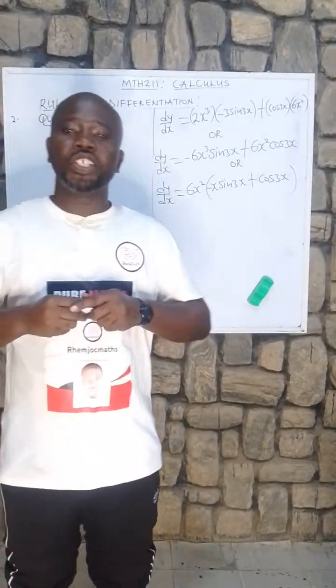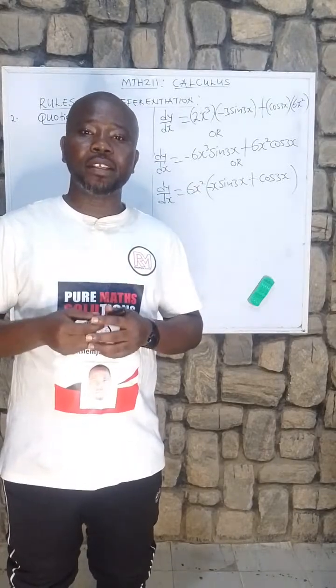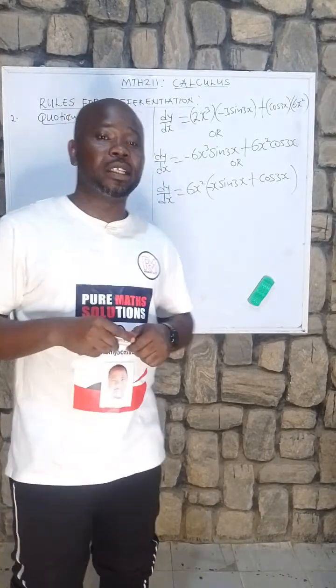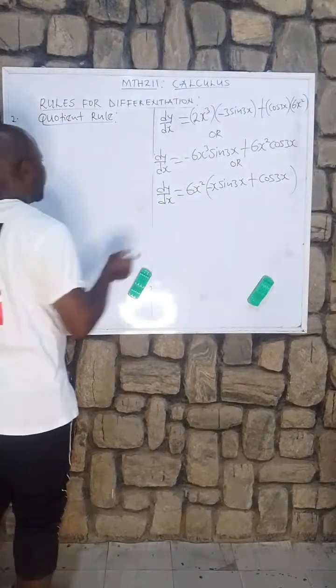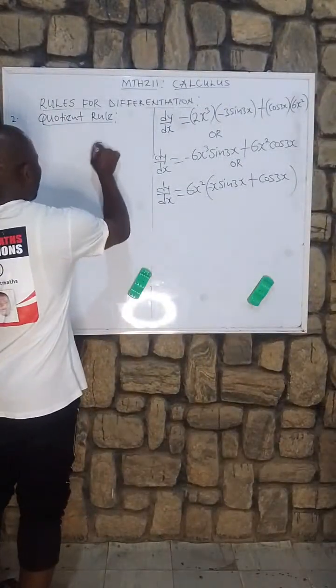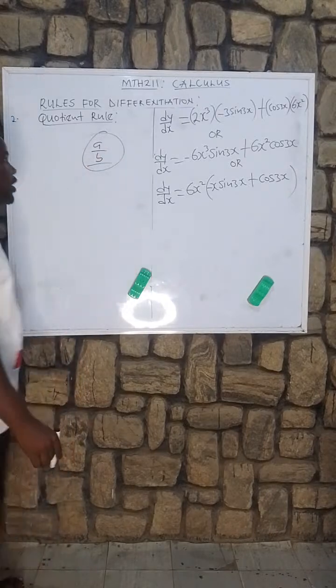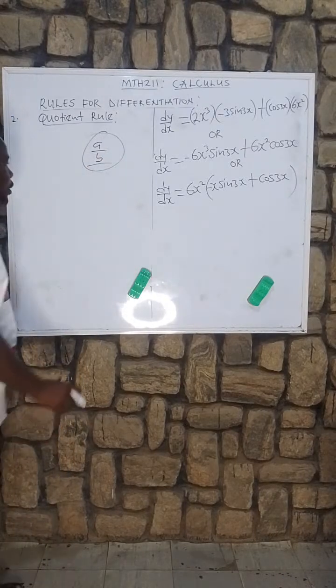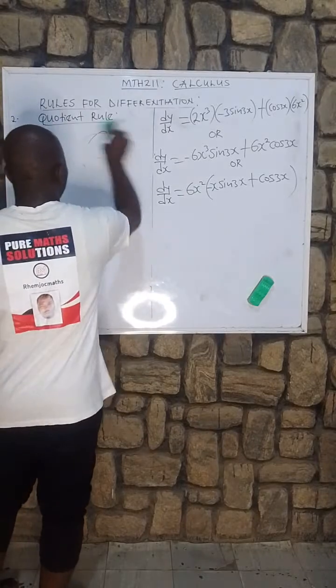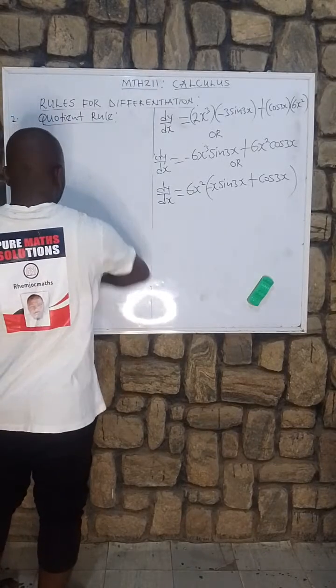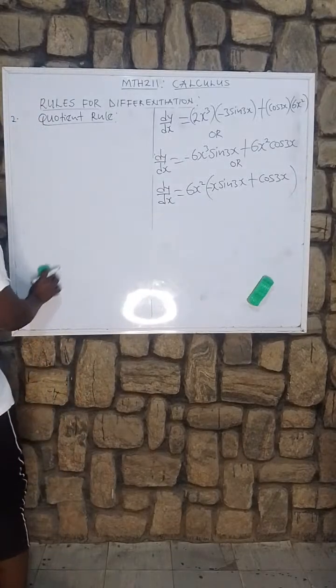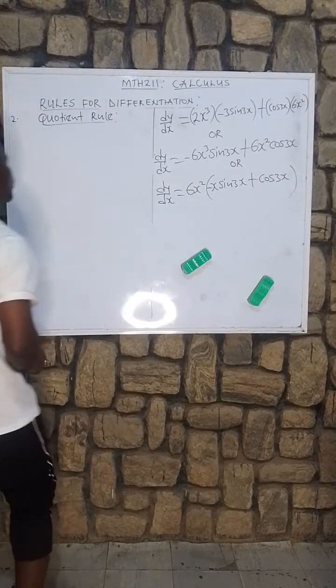When we say quotient, quotient means division. Is that clear? If you have something of this form, we can refer to this as quotients. So if two functions divide each other, that is when you can apply quotient rule.